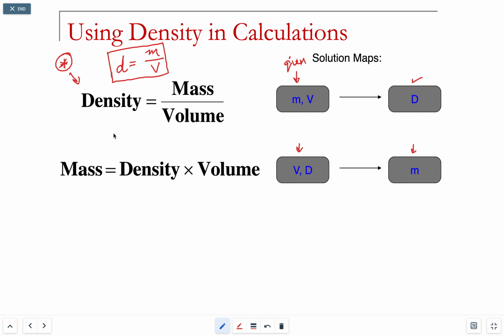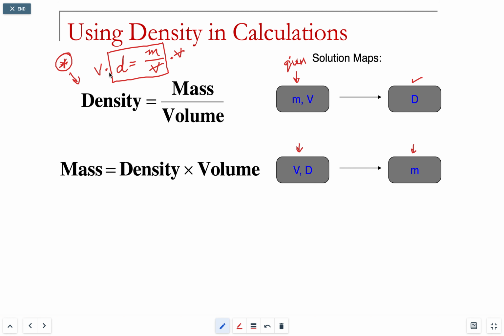If I want to solve for mass, I need to have mass variable isolated by itself. To have mass on this side and volume removed, I need to multiply by volume on this side, so that volume divided by volume cancels. Well, with the equation in algebra, whatever I do to one side, if I do it to the other side, I don't change the equality, right?